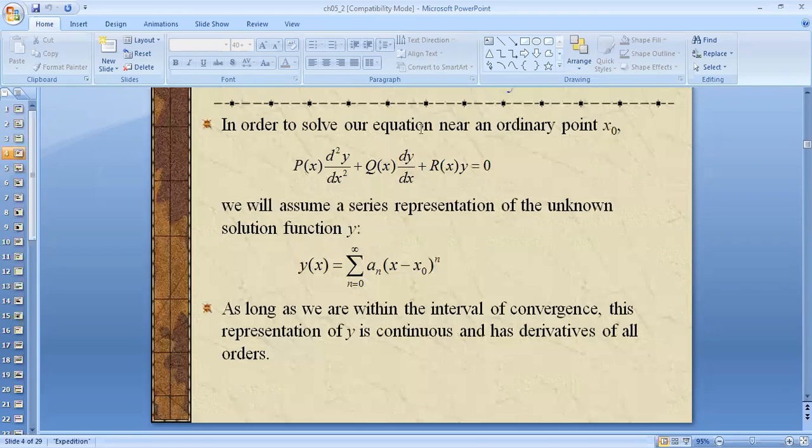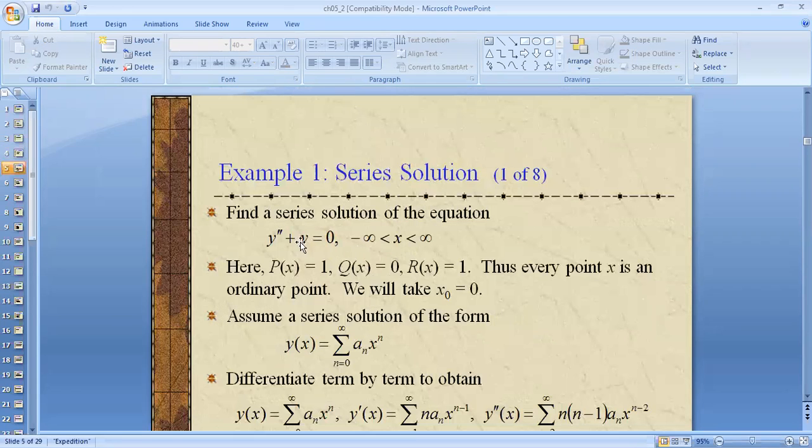R of x equals 1, the coefficient of y. Comparing with the standard second order ordinary differential equation, we get P of x equals 1, Q of x equals 0, and R of x equals 1. Thus every point x is an ordinary point here.